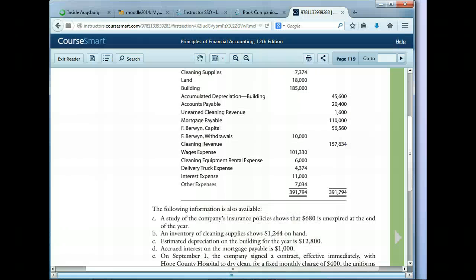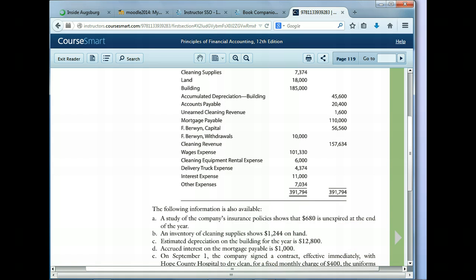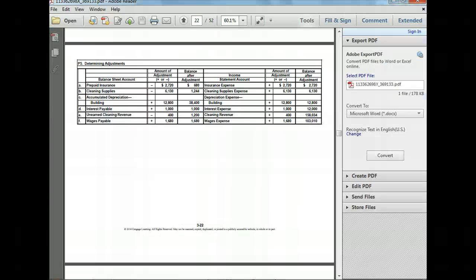We did have it at $7,374, so $7,374 minus $1,244 would be an adjustment of $6,130 to this account. So we're going to want to reduce the cleaning supplies, or credit this account, $6,130.